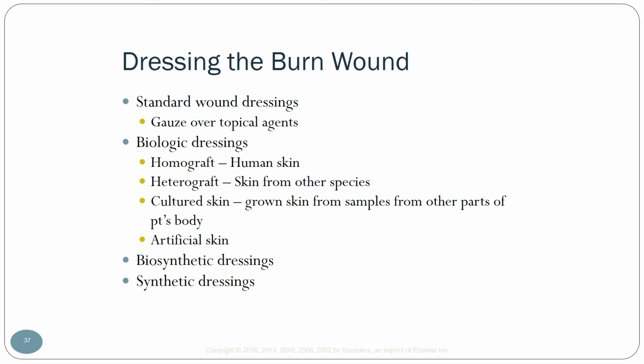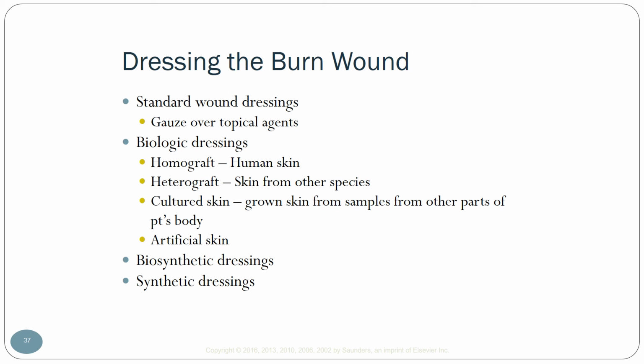So there's a homograft, which is a human skin dressing, and heterograft, skin from another species. So we can use porcine skin and other types of animal skins to help graft in over certain burns. We can do cultured, or I want to call this petri grown skin, from other parts of the patient's body.